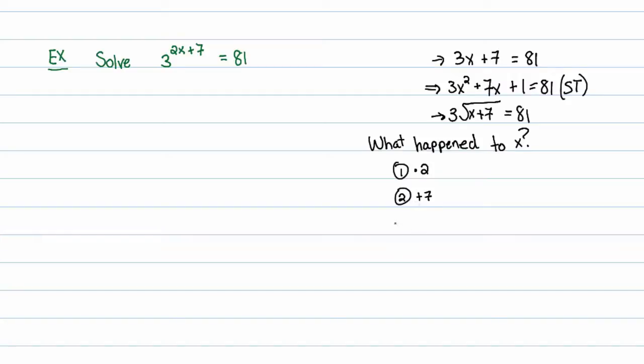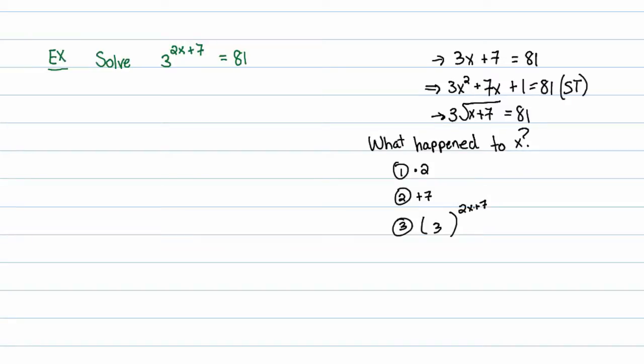I can undo those. But the third thing that happened to this picture 2x plus 7 is it got raised. It is the exponent with base 3. So it got raised. It is now in this type of structure, and I have no idea how to undo that.